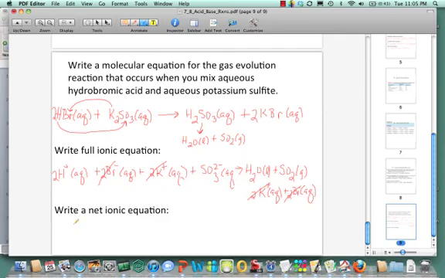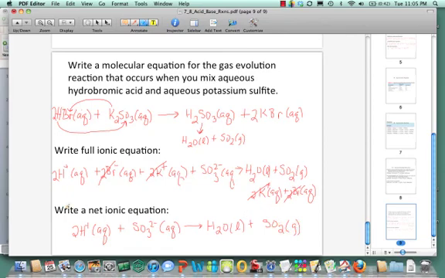So all that is left is 2H plus, aqueous, plus SO3 2 minus, aqueous, yields H2O liquid plus SO2 gas.